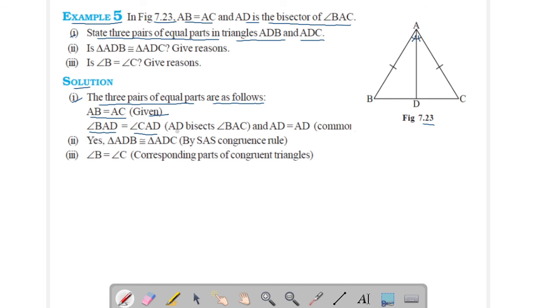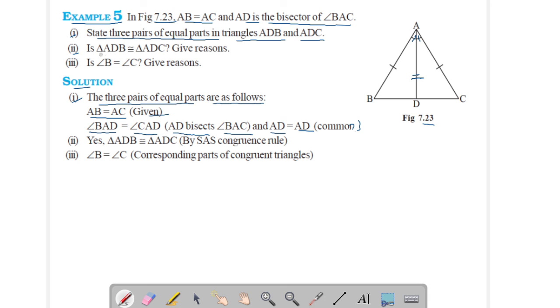Why? Because AD bisects angle BAC. And third is AD equal to AD, common. This side is common to both the triangles. So these are the three matching parts.